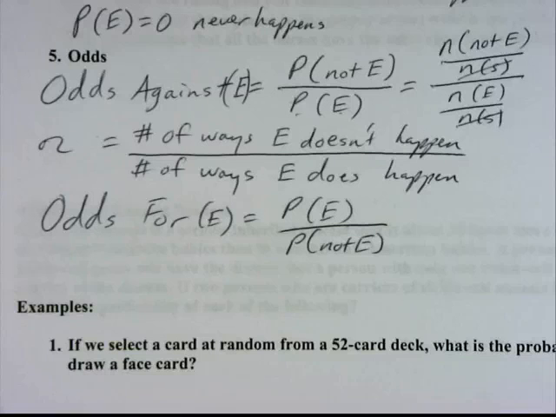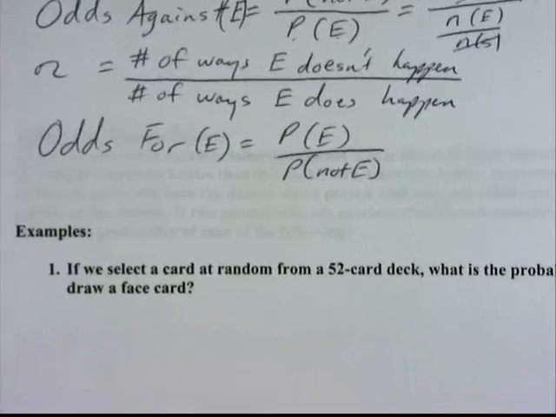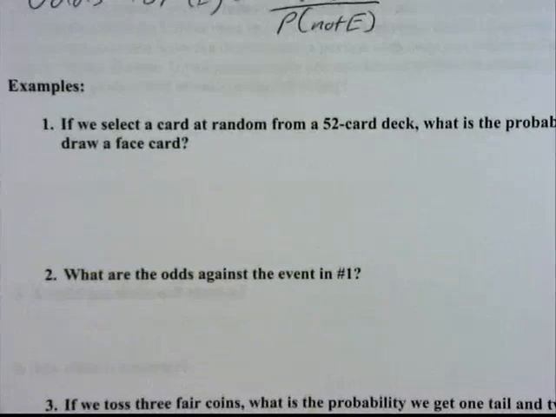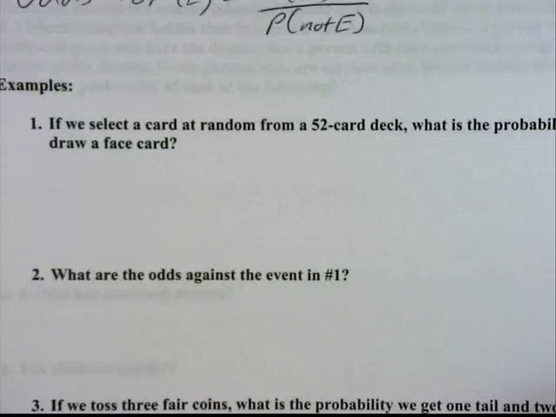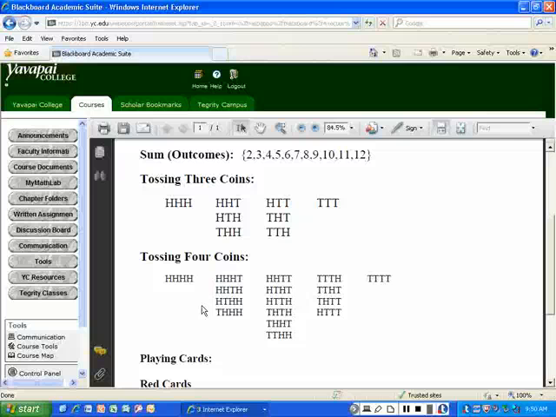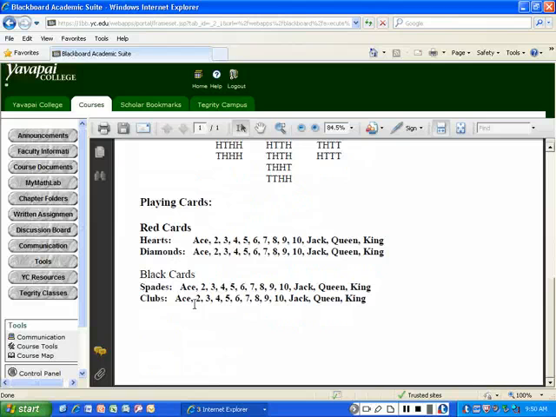All right? So those are all the definitions and the basic ideas that we need to talk through. Now I just want to look at some examples and see if we can figure out how this works in a little more detail. So the first example is we want to select a card at random from a 52-card deck. What is the probability that we will draw a face card? So if I go back to my sample spaces page here, I'm looking at playing cards. And here's my 52-card deck.